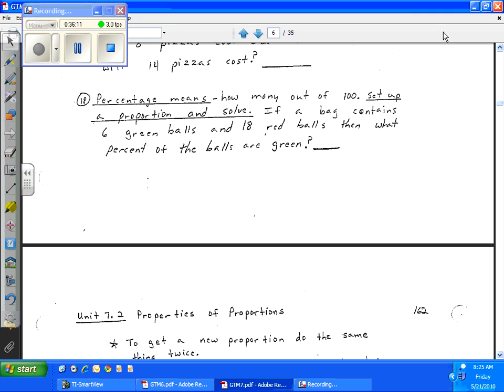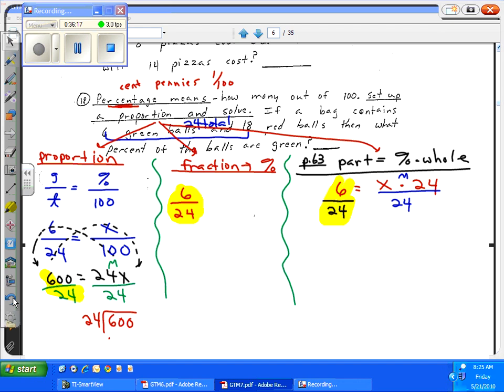Now, how do I know it's 25%? Because what I found was the number of hundreds, you see. In the proportion, we found out how many hundreds, and that is the percent.